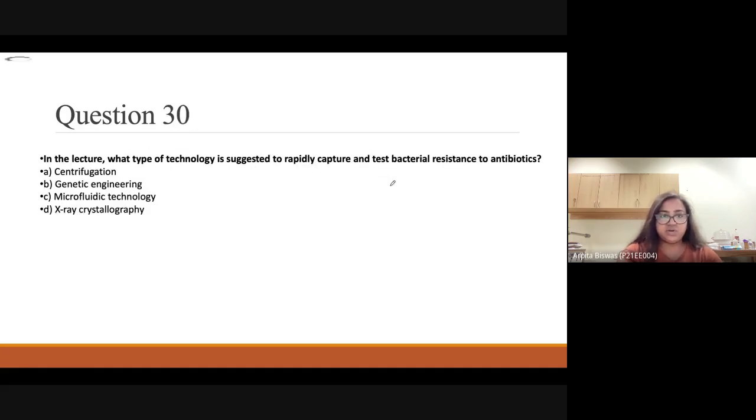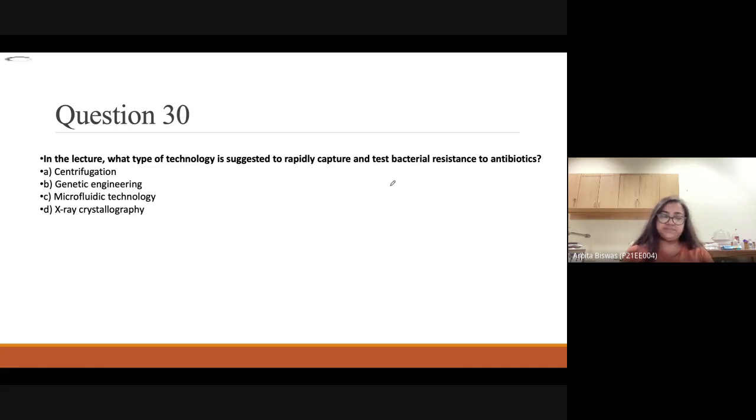In the lecture, what type of technology is suggested to rapidly capture and test the bacterial resistance to antibiotics? The first option is centrifugation. The second option is genetic engineering. The third option is microfluidic technology. And the fourth option is X-ray crystallography.